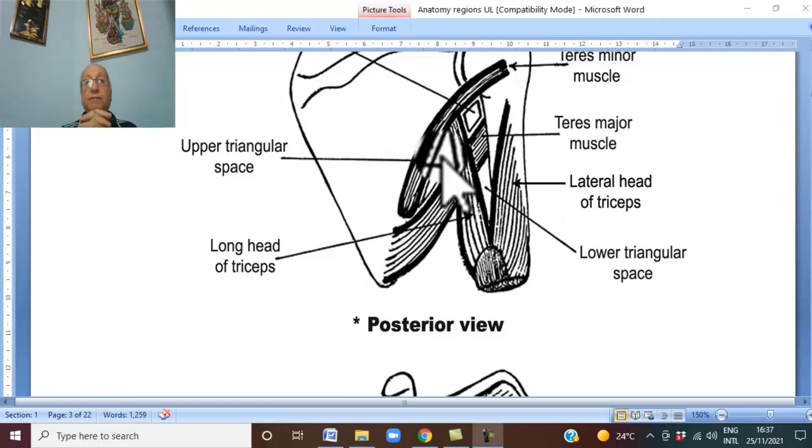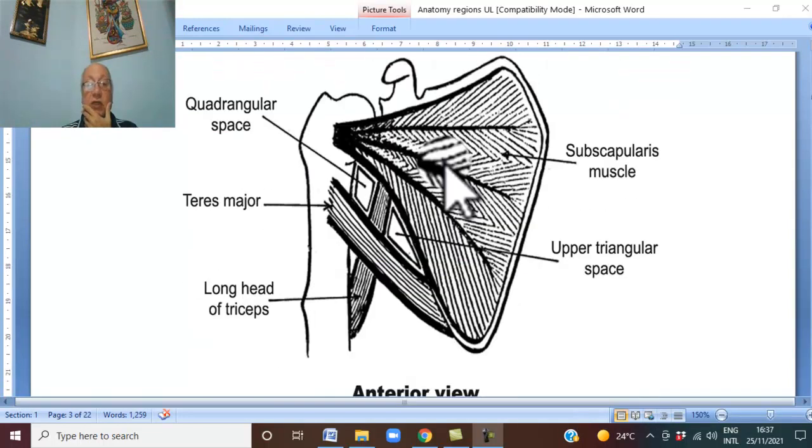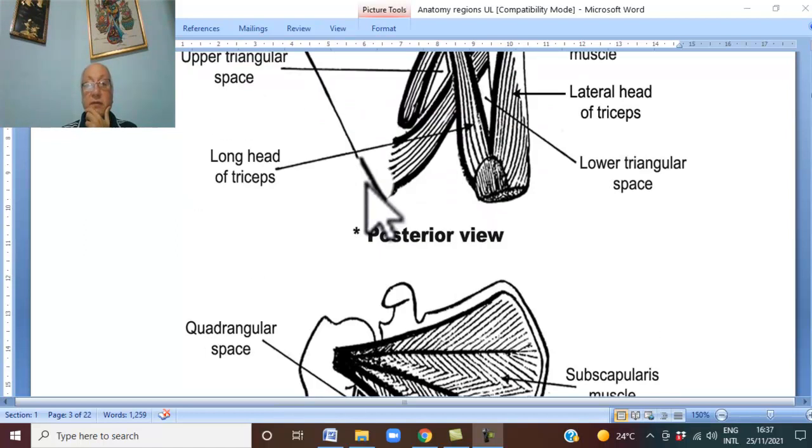We should notice that the quadrangular space and the upper triangular space are connecting anteriorly. What is this? This is the axilla, and the structures here passing from the axilla to what?